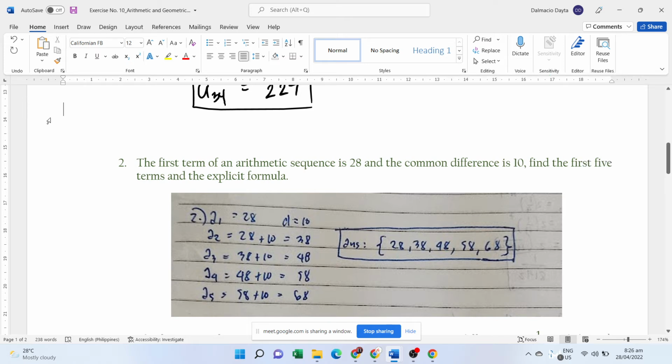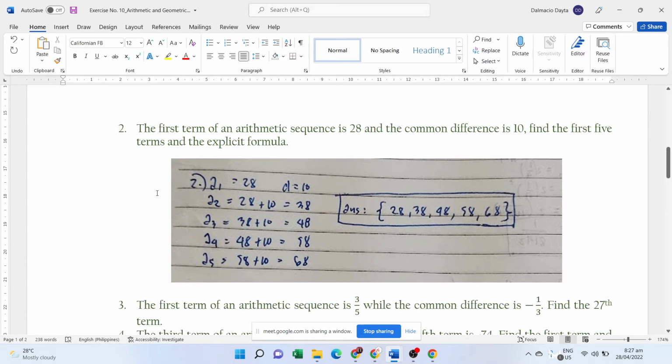Problem number 3. Okay po, sir. So the question is, the first term of an arithmetic sequence is 28 and the common difference is 10. Find the first 5 terms and the explicit formula. So, what we are looking for here are a sub 1, a sub 2, a sub 3, a sub 4, and a sub 5.